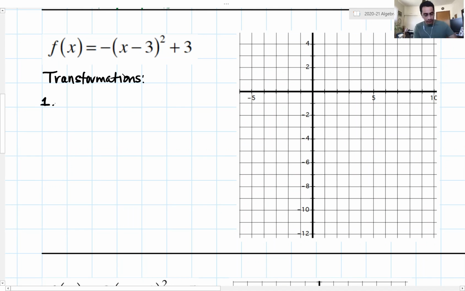Yeah, you guys are on it. Horizontal shift. 3 units right. Okay, it's the opposite of the sign, right? So the sign was negative, that means we go opposite of that, we go to the right. Okay, second transformation.